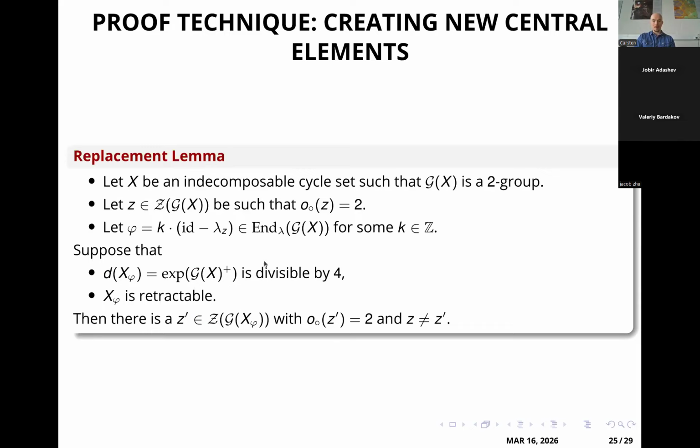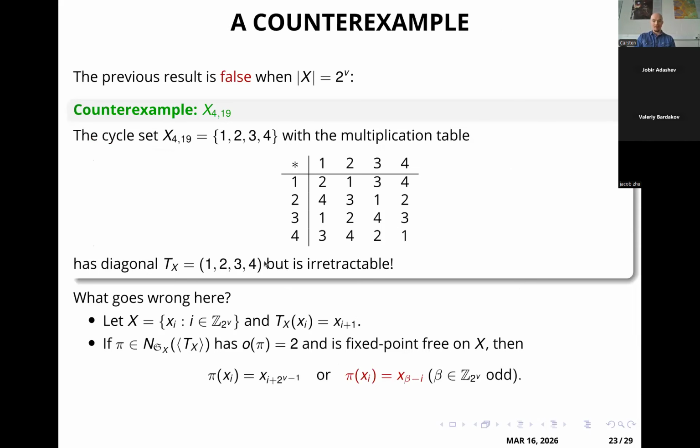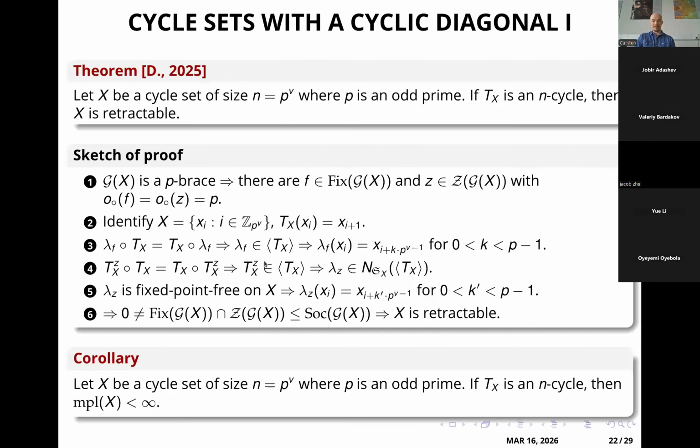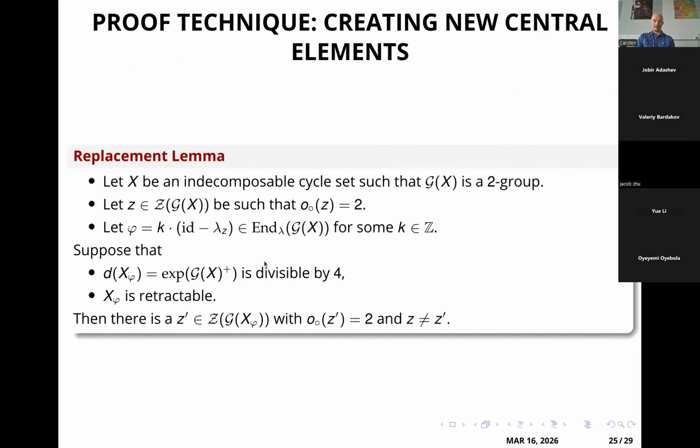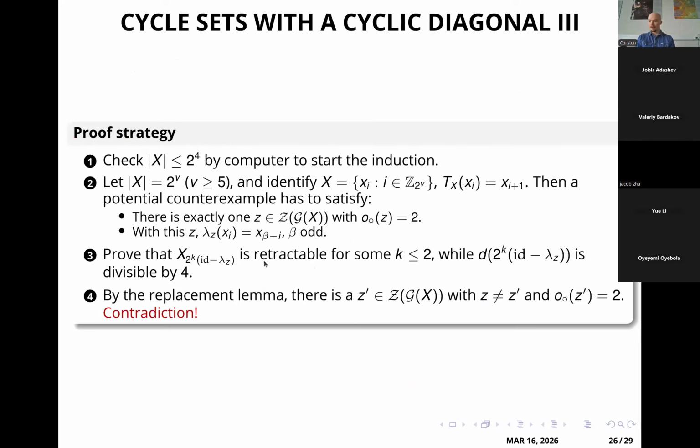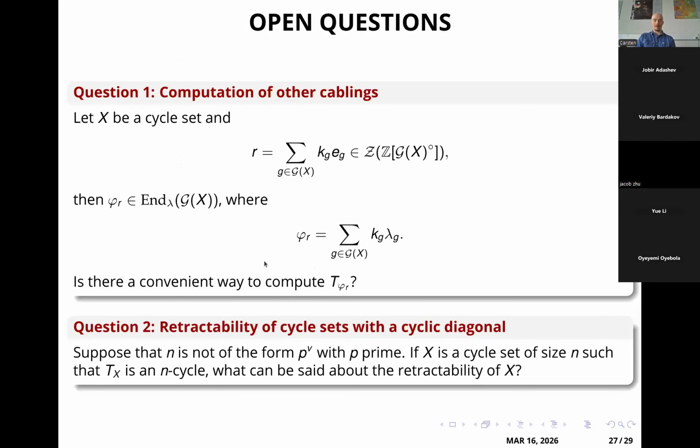On the other hand, we are also dependent on the fact that p-groups acting on p-groups always have non-trivial fixed points. So this means the methods that we have introduced here don't generalize to cases where more than one prime is involved. So the question is, if we are given a general cycle set of size n whose diagonal is an n-cycle, what can we say about retractability?